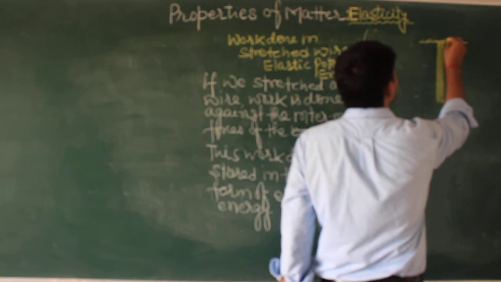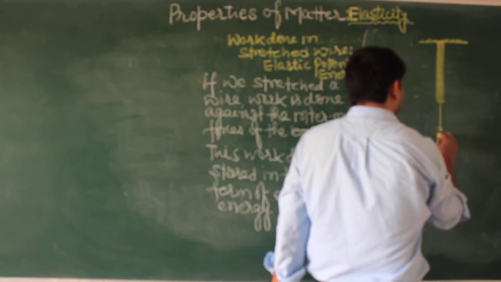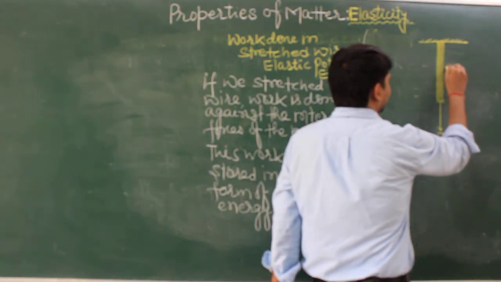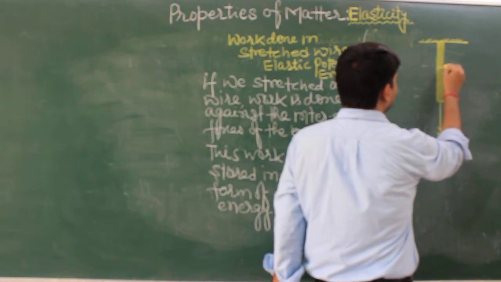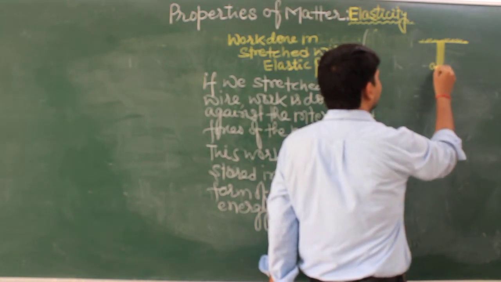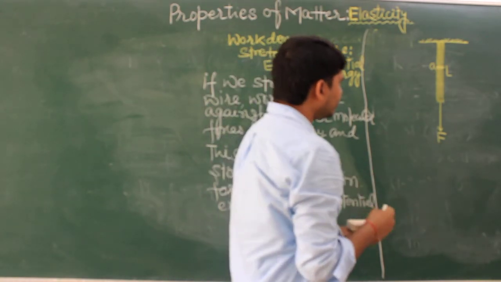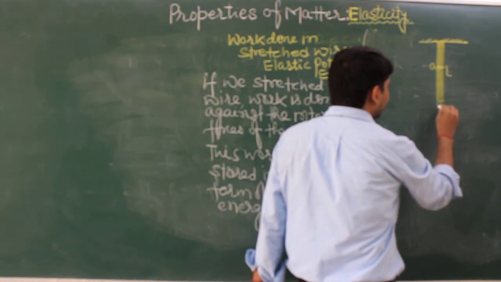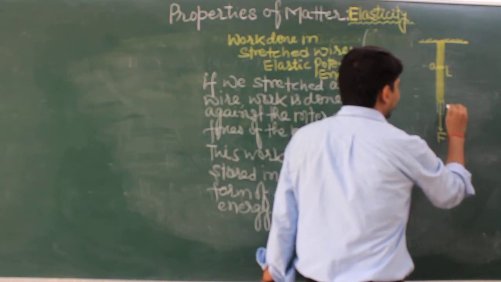This one is clamped, and if you apply some force, the length of this wire is L, and the area of this cross section of the wire is A, small a. Then under the action of this force, the length of the wire increased by a length say small l.